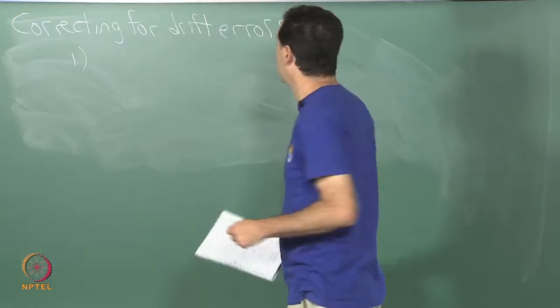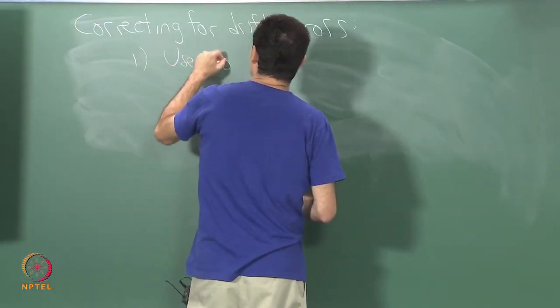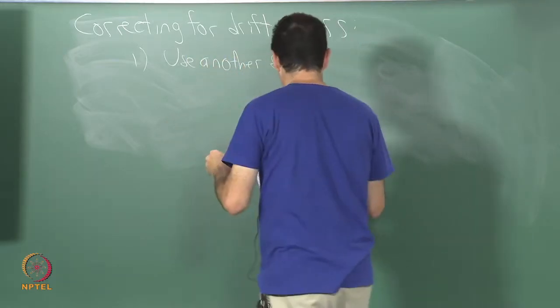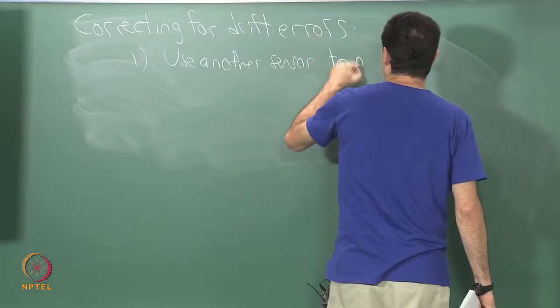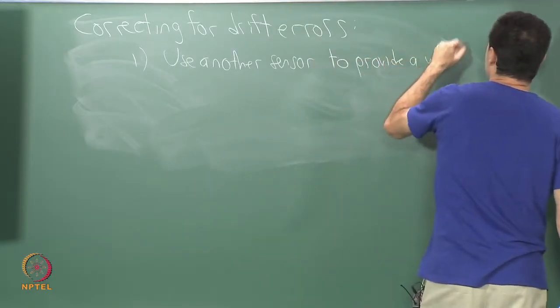So two key points for correcting for drift errors. One, use another sensor or sensors to provide a world reference.